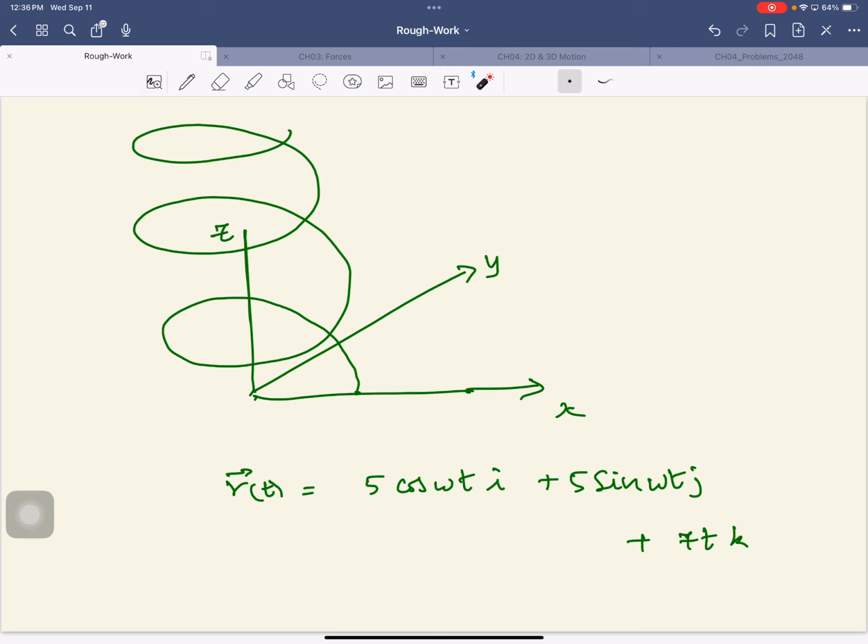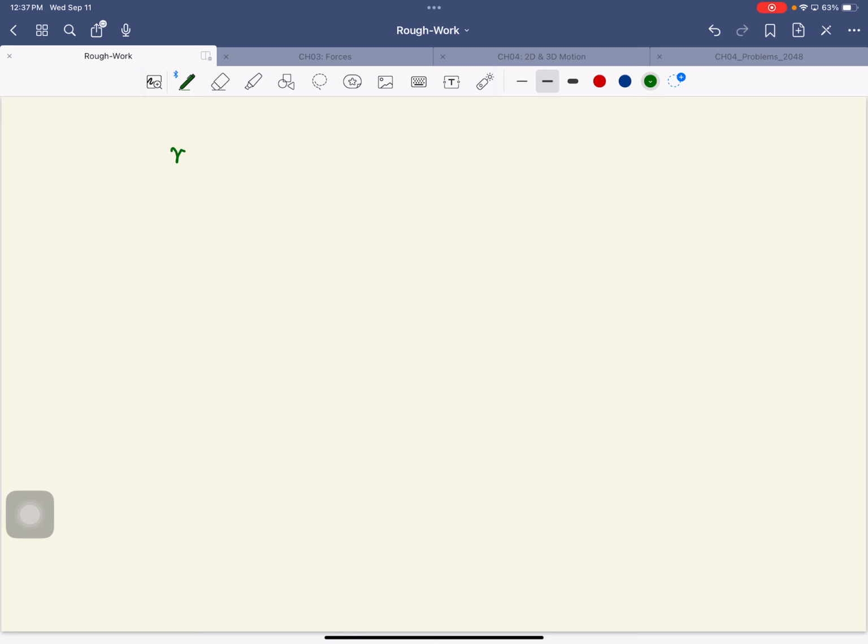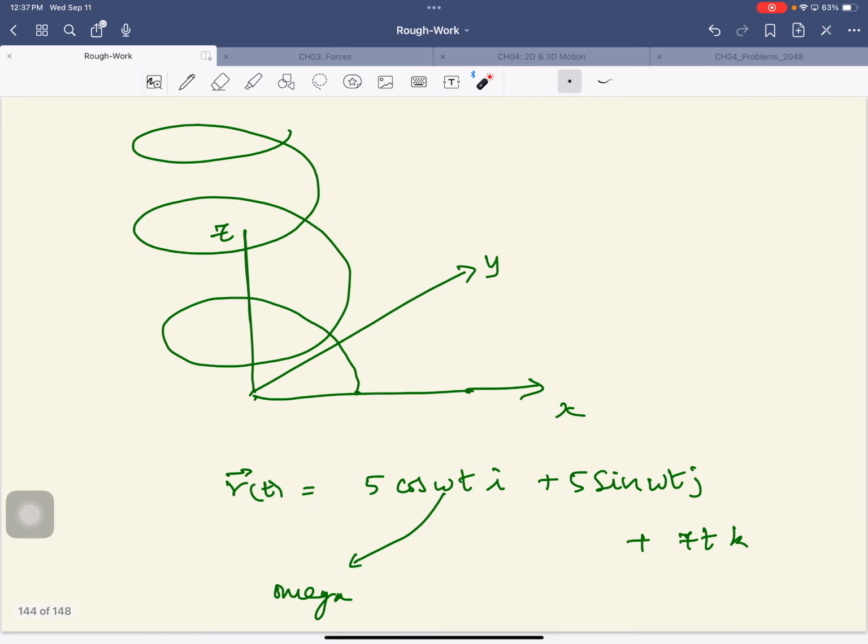Here, the argument of the cosine is omega t, and omega is the angular velocity. And again, like I said, the velocity is tangent to the curve, and in this case, the acceleration is perpendicular to the curve.